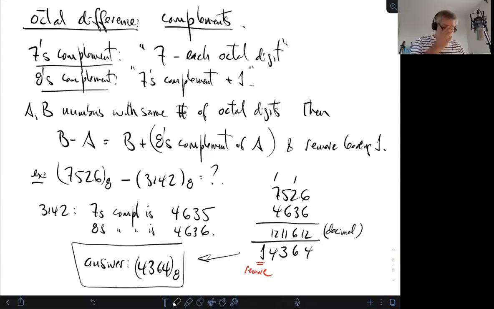So that's octal, and now what I'm going to do is do exactly the same thing, but this time in base 16, hexadecimal. So there is just a slight technical difference, and you'll see. You might all be familiar with hex, or not, it makes no difference.